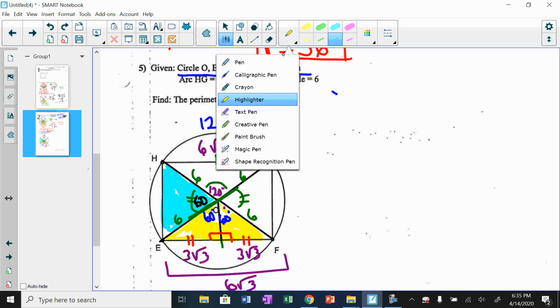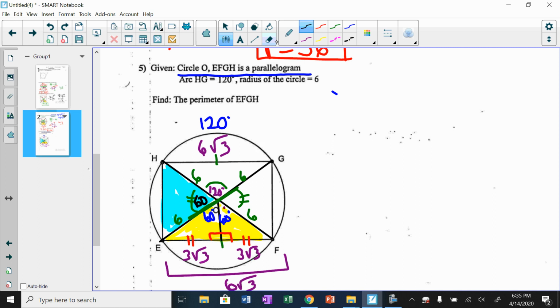And once again, I'm going to draw in my perpendicular bisector. All right, so now that these two triangles are going to be congruent, that 60-degree angle is going to get split into two 30s.